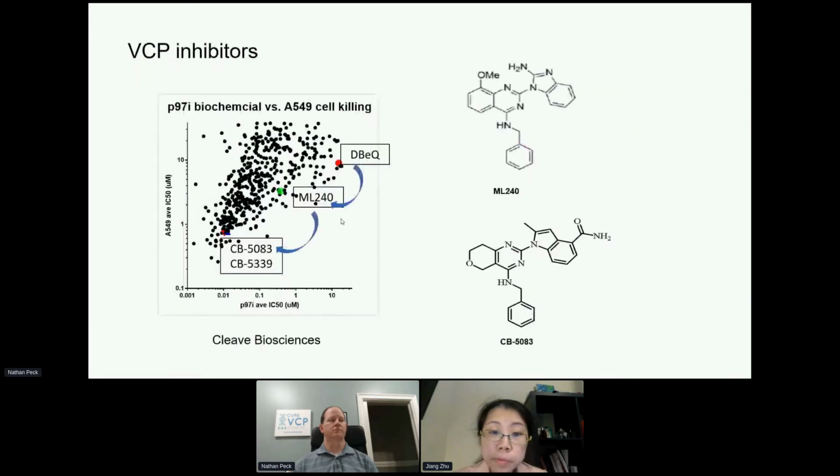Next. As you have heard from Dr. Deshaies' lab, generations of VCP inhibitors have been explored, and currently we're investigating in this study the novel version of VCP inhibitor CB5083 in our specific model of VCP disease. Next.